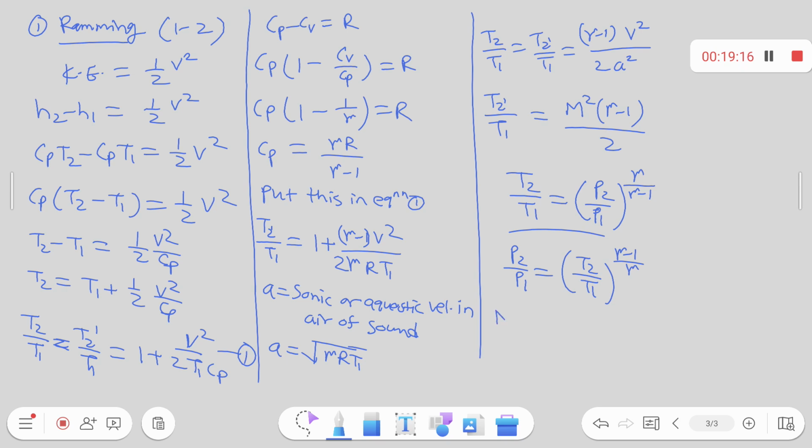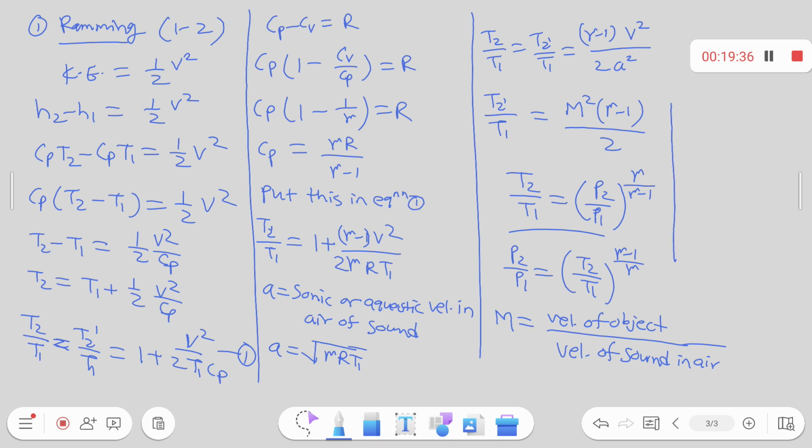What is M here? Velocity of object divided by velocity of sound in air or in that medium.